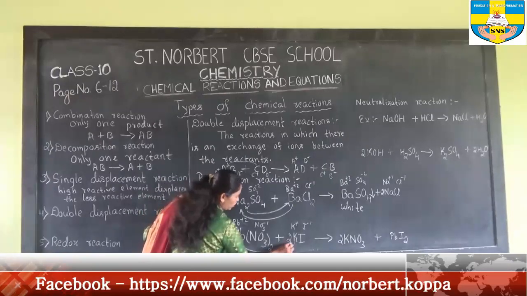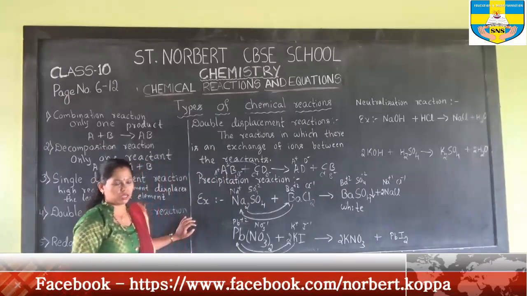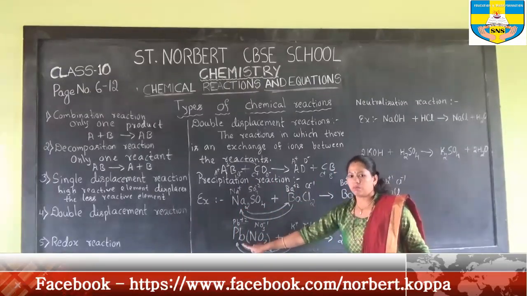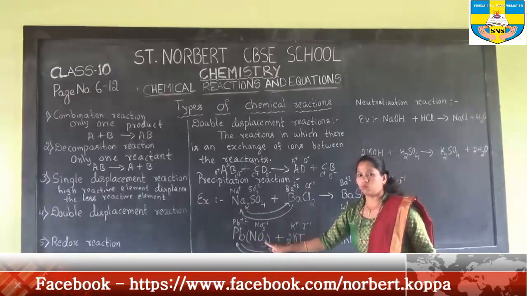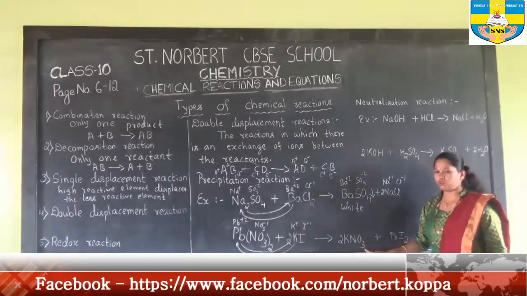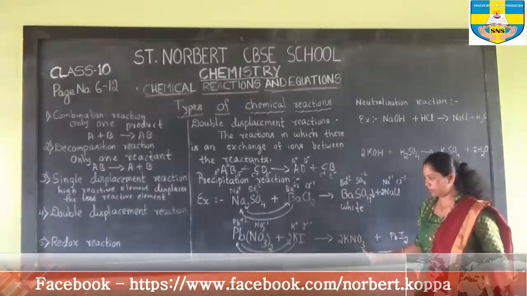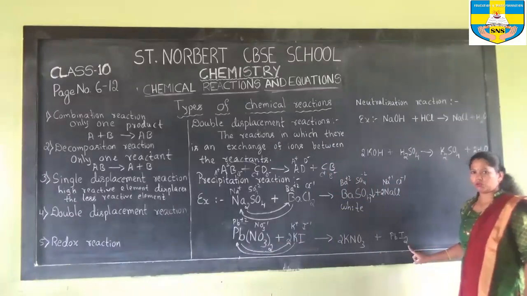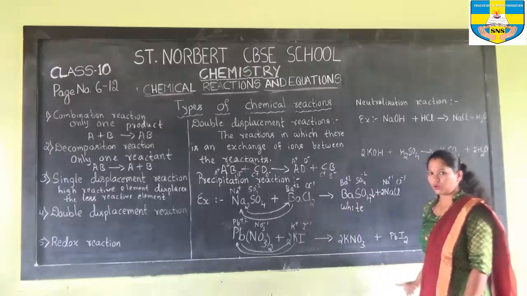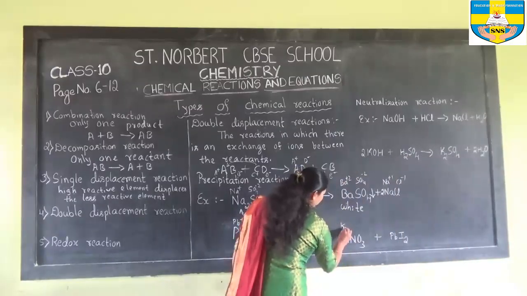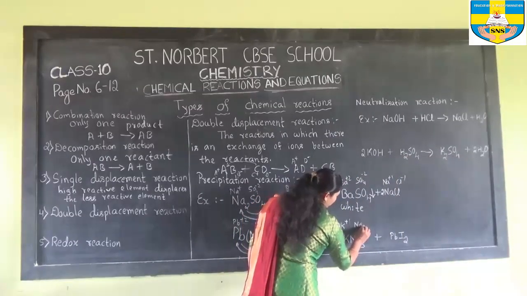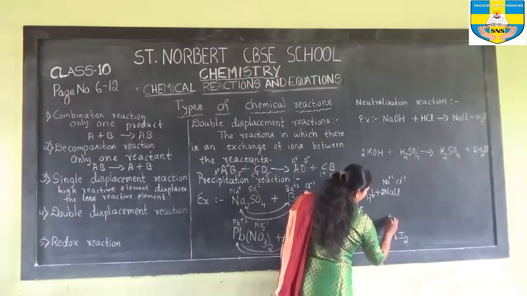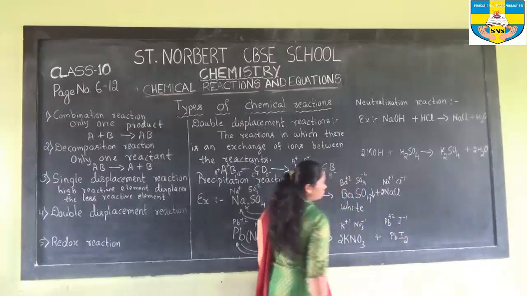K exchanges with the Pb. So what are the new products? KNO3, potassium nitrate, and PbI2, lead iodide. So here K plus, NO3 minus, Pb 2 plus, I minus.